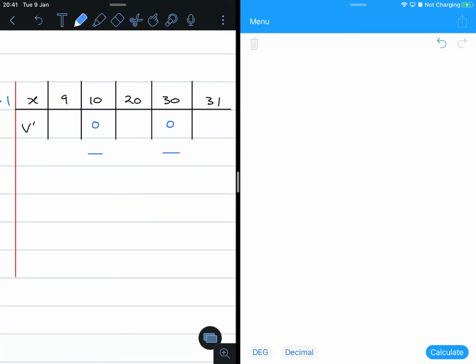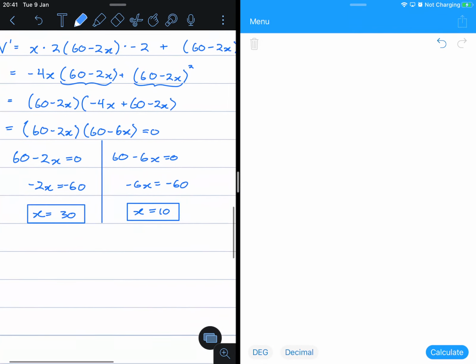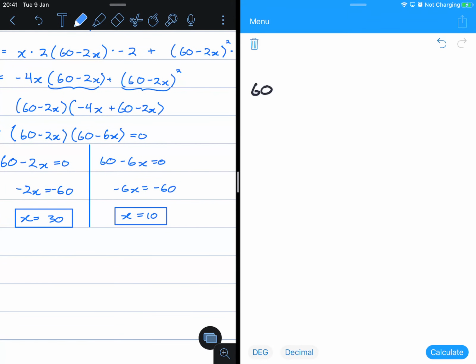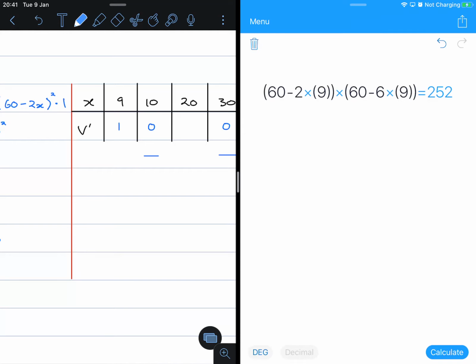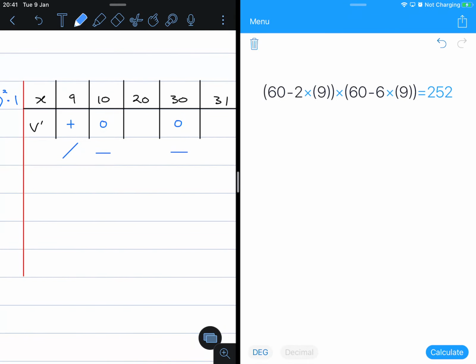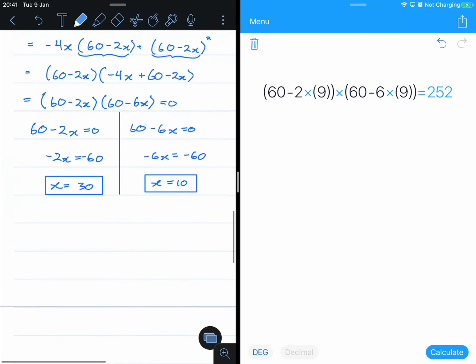Let's substitute 9 into our derivative. 60 take away 2 times 9, times 60 take away 6 times 9. That's giving me 252. That's positive. So that is increasing.